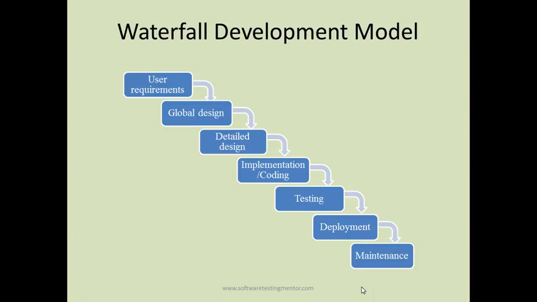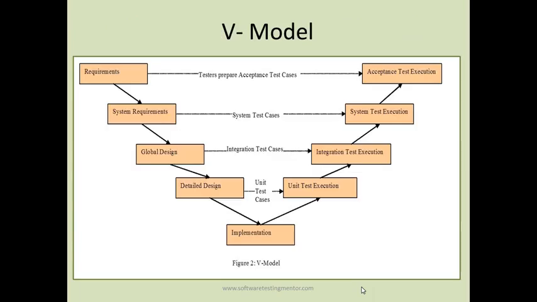Since the feedback from the test team was not there in the waterfall development methodology, the V model came in, wherein testers were involved in all phases of the development life cycle.